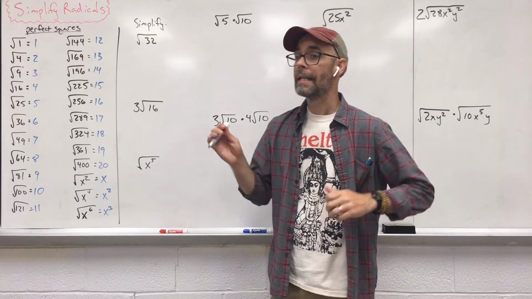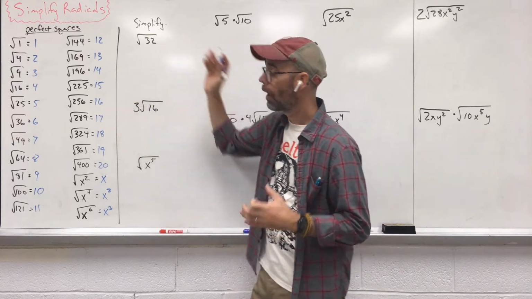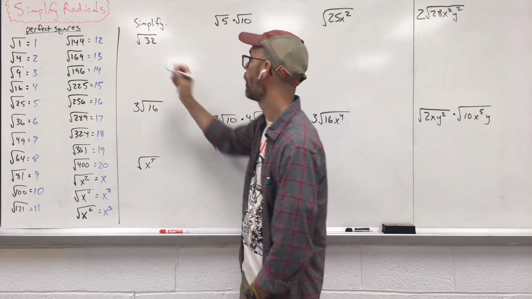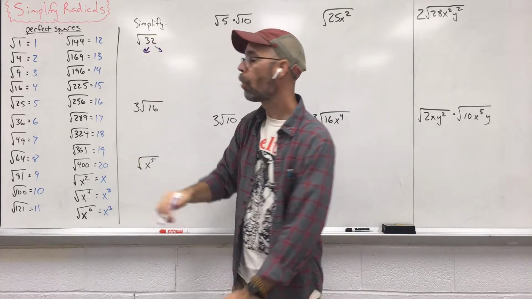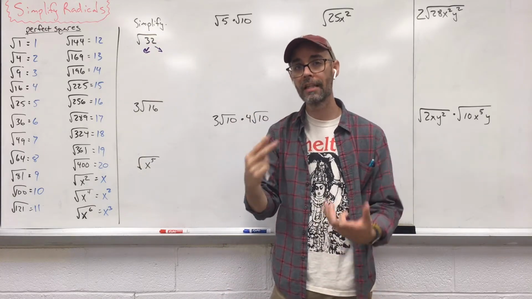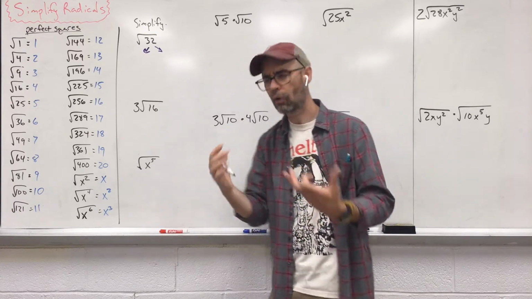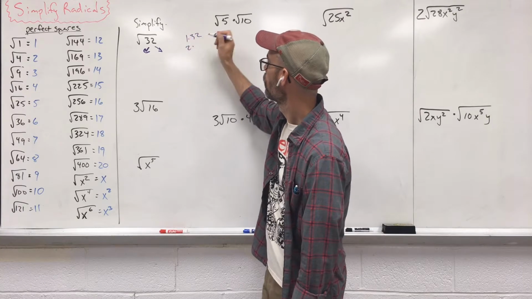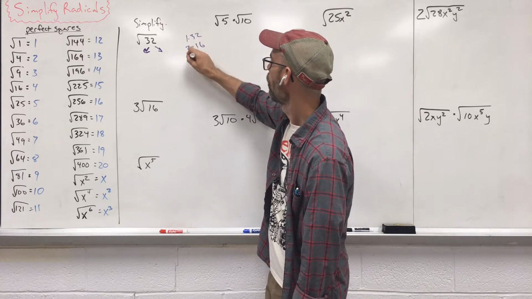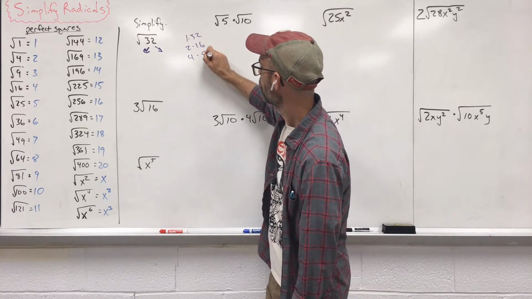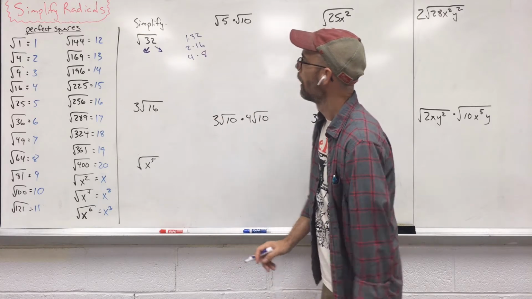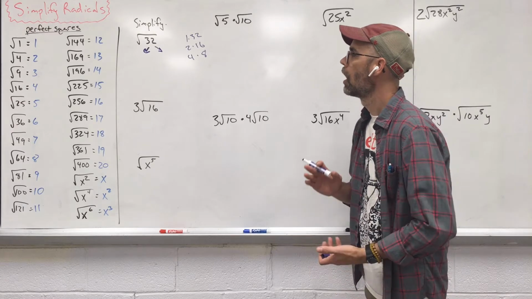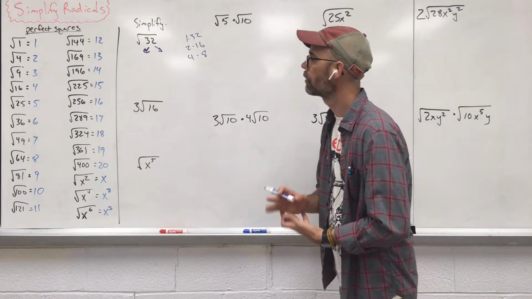Okay, since it's not on the list, I don't have one answer, but I can break 32 up. I'm going to say, what are two numbers multiplied together to give me 32? Now I could run down a huge list and say 1 times 32, 2 and 16, 4 and 8, 5 no, 6 no, 7 no. So here's our list.